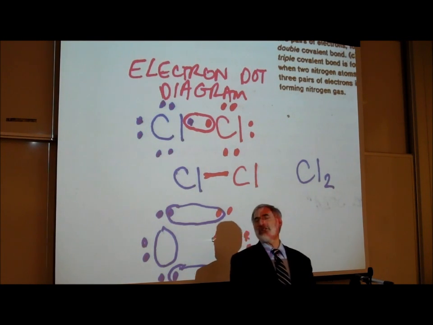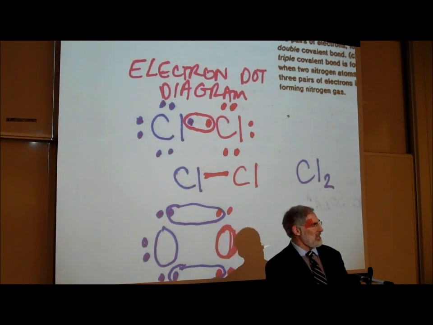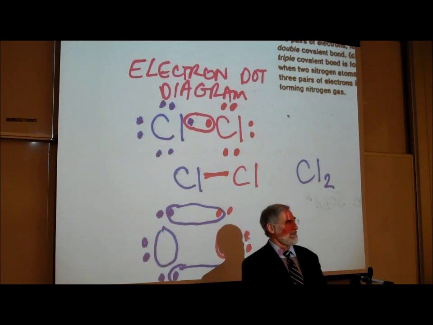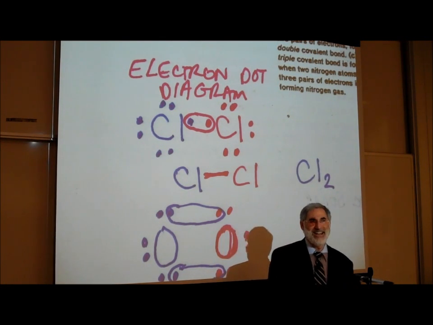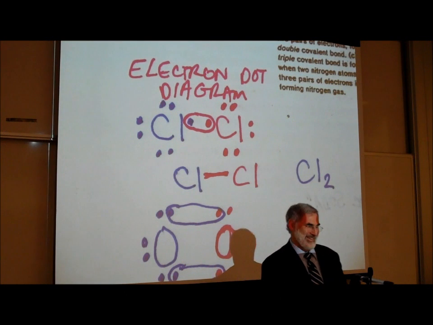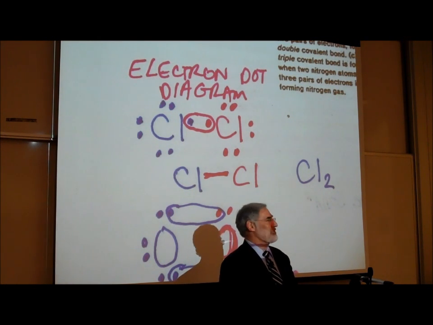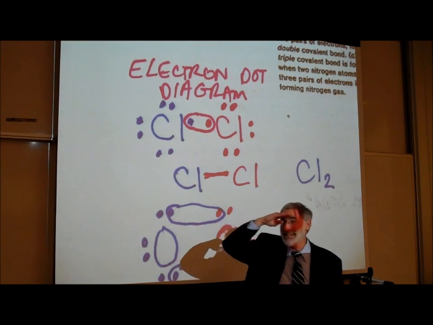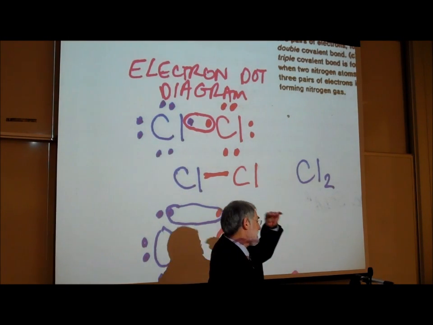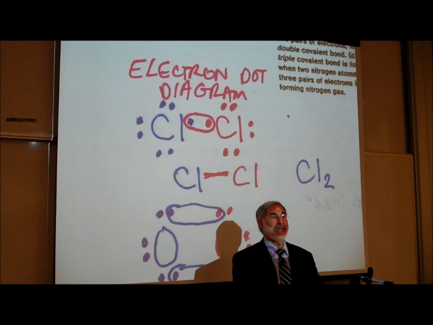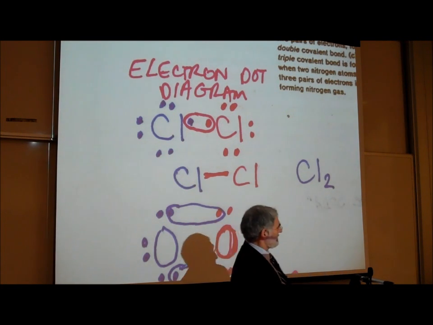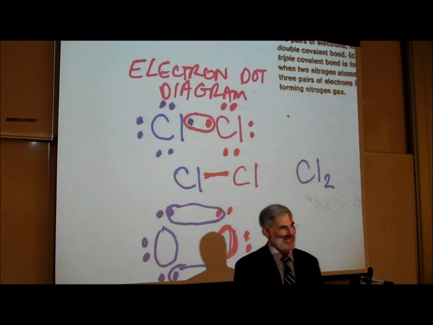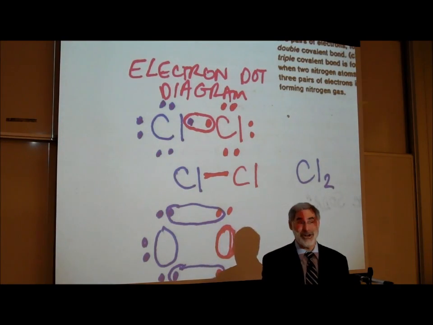One chlorine turns to the other and says, I really need an electron. The other says, me too. And they say, you know, sodiums, they always give away electrons. You see a sodium? No, I don't see any sodium. You see any sodium? No, I don't see any sodium either. One chlorine looks at the other, and they said, let's share.